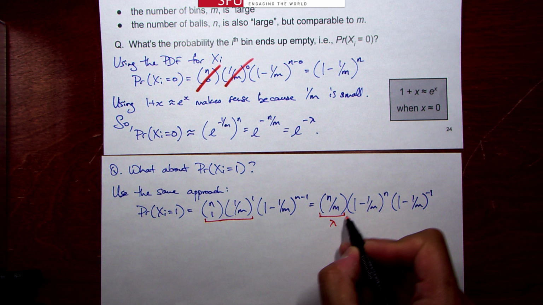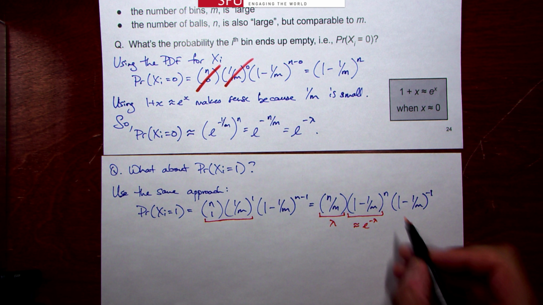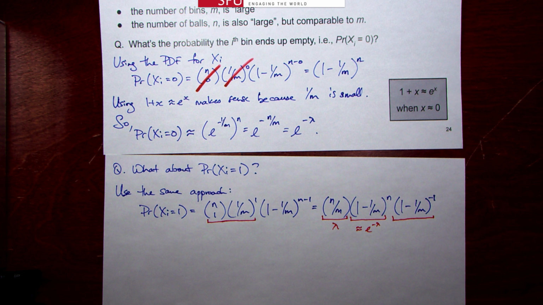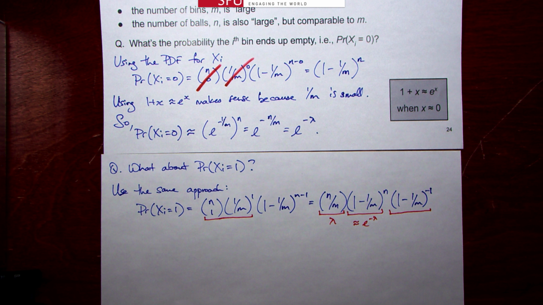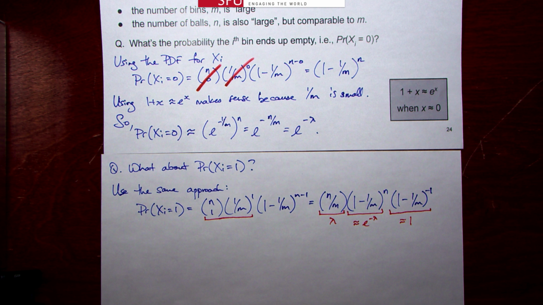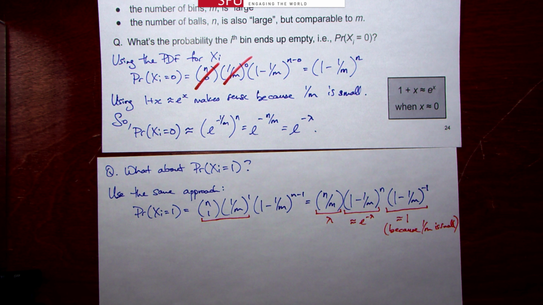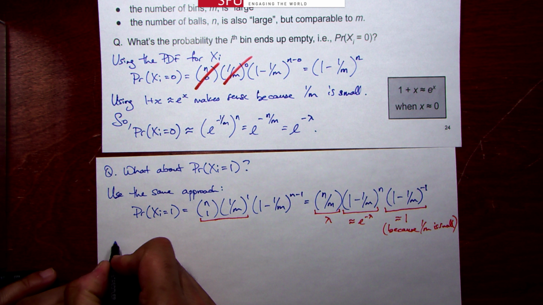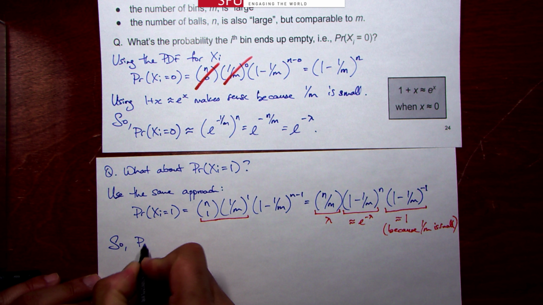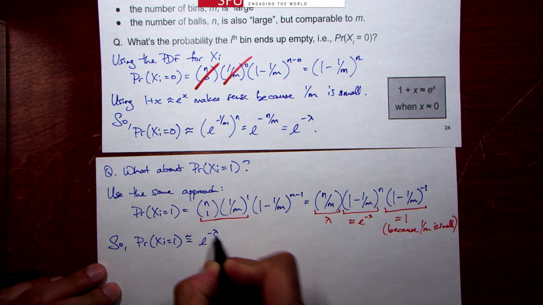This bit here is approximately e to the minus lambda again. And this bit here, it's not the greatest to have this thing around, but remember 1 over m is pretty small, so this is going to be approximated by 1. We're just going to throw it away because 1 over m is small. So the probability of x i, one thing in bin i, is approximately e to the minus lambda times lambda.